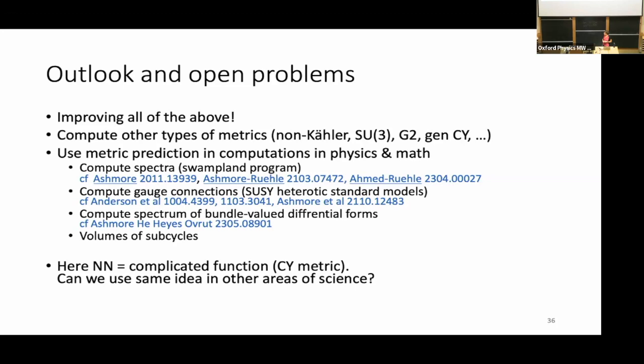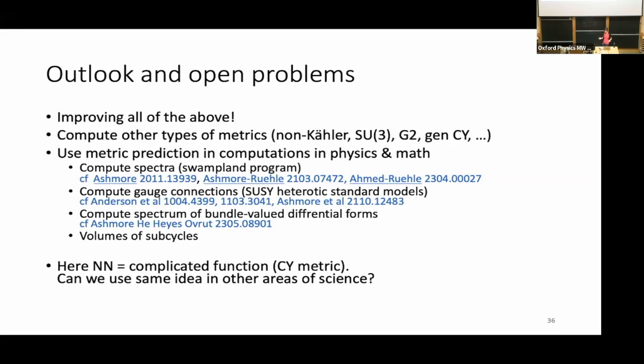And as a final thought, if you're not interested in string compactifications for some inexplicable reason, then one point you can take from this is that we know neural networks are universal approximators, and what we do here is to take a neural net and train it so that it becomes a complicated function.